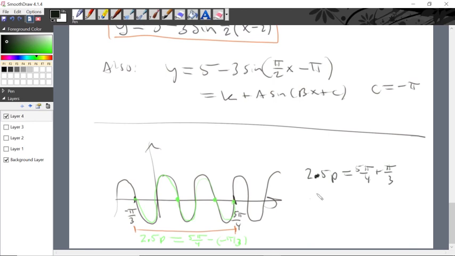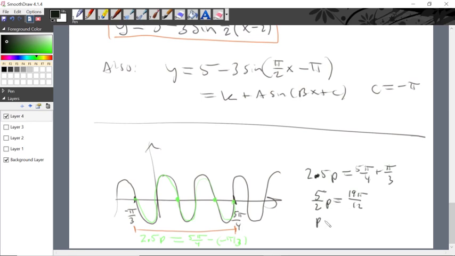2.5, or 5 halves if I want to use a fraction. 5 halves p is equal to, common denominator here would be 12, so we have 15 pi over 12 plus 4 pi over 12, so I get 19 pi over 12. Some weird number here.